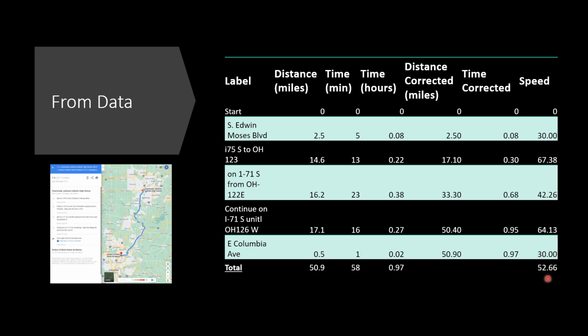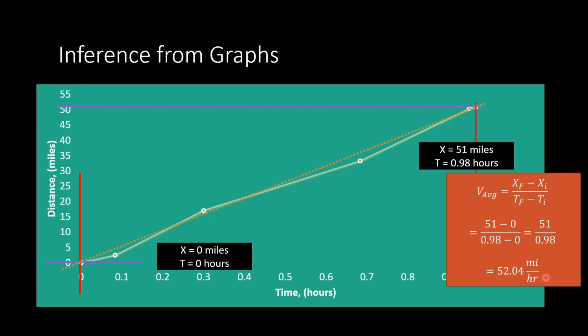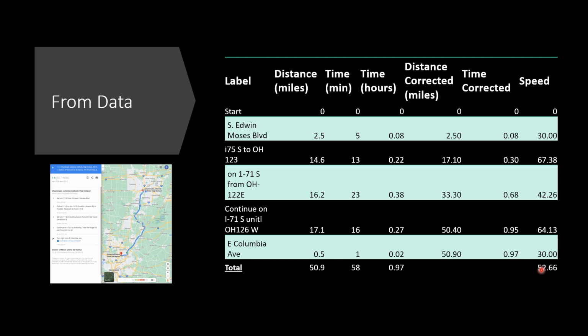Now compare this to the one that we calculated. This is pretty close, but again, this is not accounting for this little dip in speed or this little increase in speed that is happening around here. So that's why this one's a bit more of an estimation, rather than an exact calculation, which is this one.